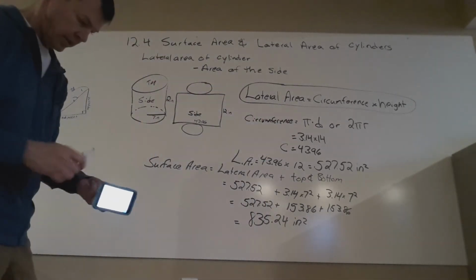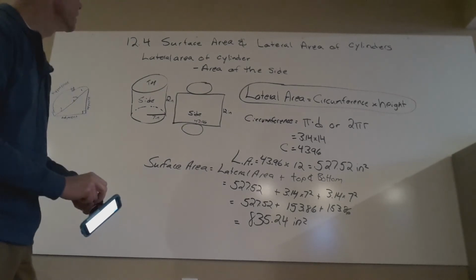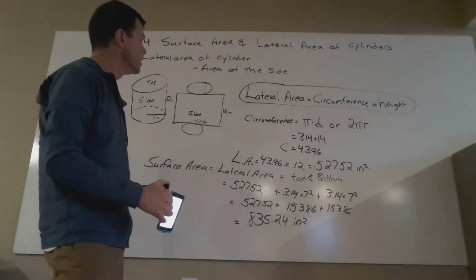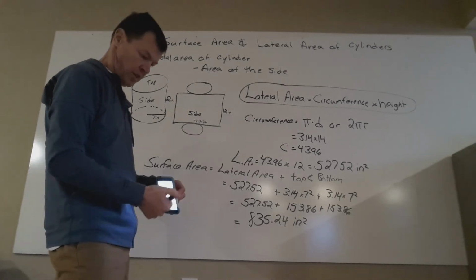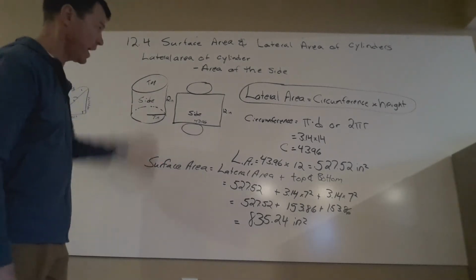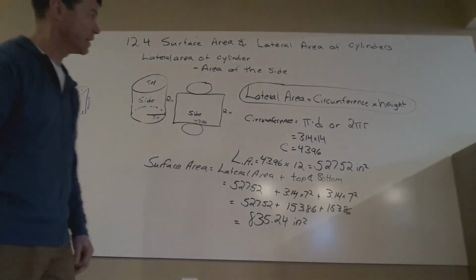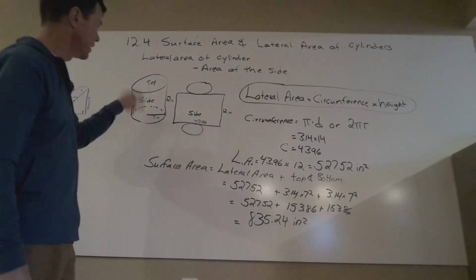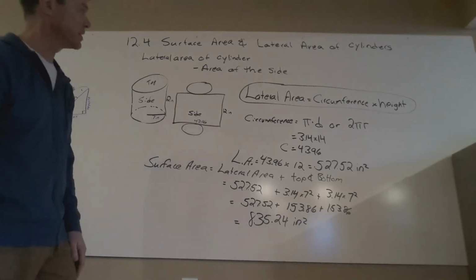All right, so again, just a recap of what we've done. Surface area and lateral area of a cylinder. Lateral area is just going to be the side of that cylinder.